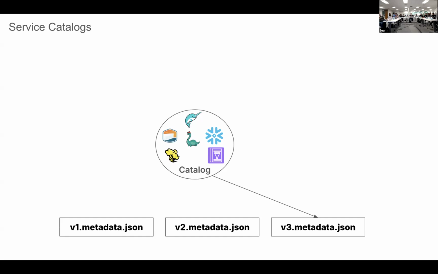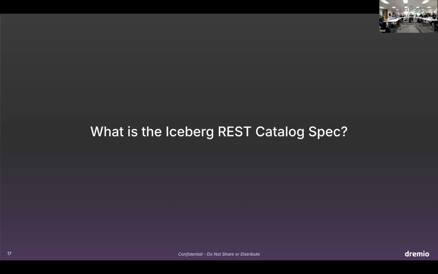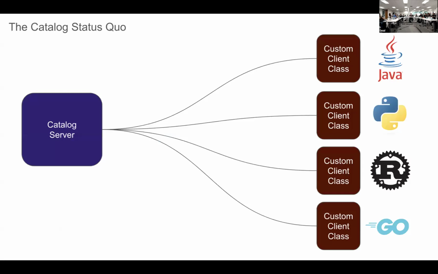Having this catalog, we eventually had to develop the Iceberg REST catalog spec. Why? Let's first talk about the problem that existed before. From a developer standpoint, when Iceberg was first created, there was the Java API, basically all the libraries to do Iceberg stuff written in Java.